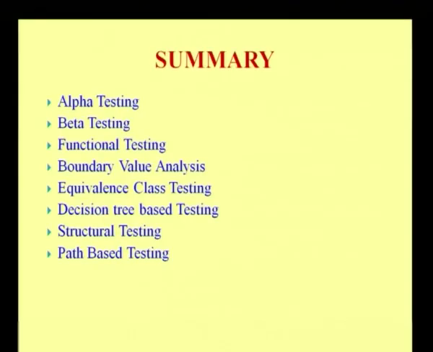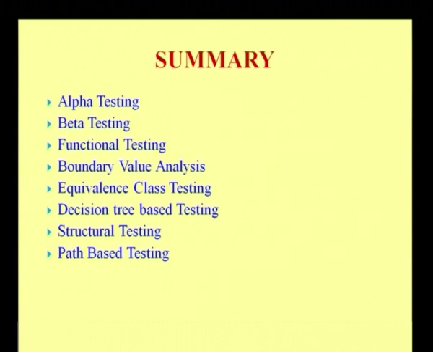Summary: in this session we have looked at two different classes of testing, black box and white box, and we have mentioned different types of testing: alpha testing, beta testing, functional testing, boundary value analysis, equivalence class testing, decision tree based testing.